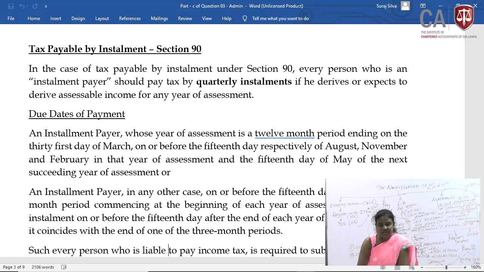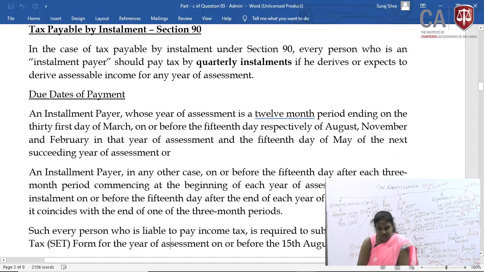In the case of tax payable by installment under section 90, every person who is an installment payer should pay tax by quarterly installment if he derives or expects to derive assessable income for any year of assessment.